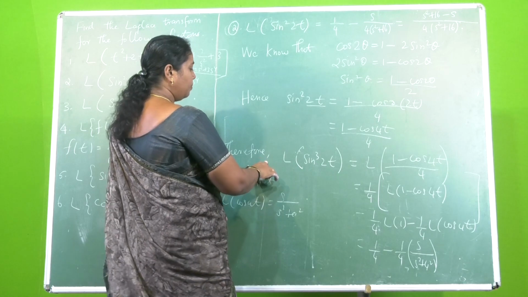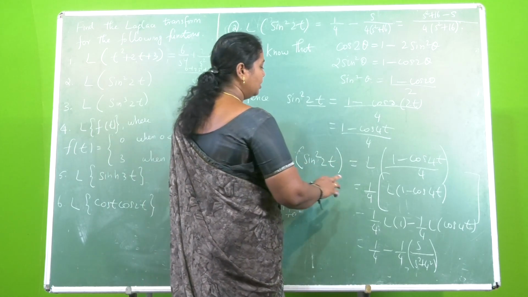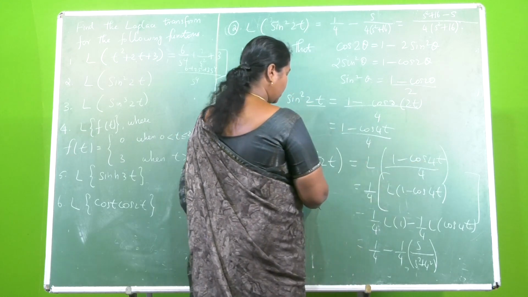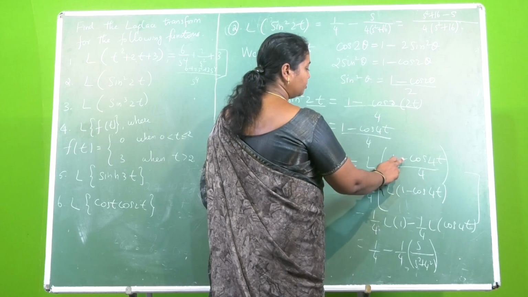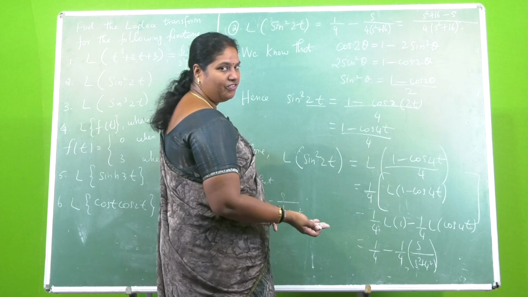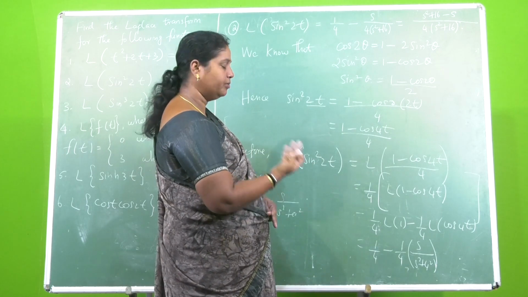So now the Laplace transform of sine square 2t is nothing but the Laplace transform of 1 minus cos 4t, divided by 2, because sine square 2t is nothing but 1 minus cos 4t divided by 2. Now we have to apply the linear property which I mentioned in the first problem itself.